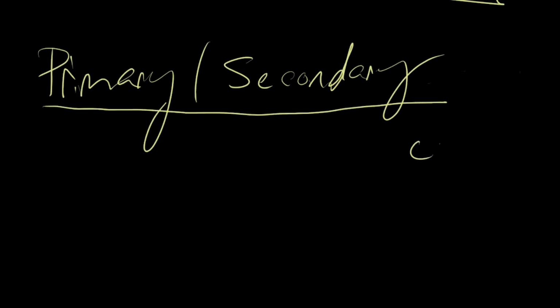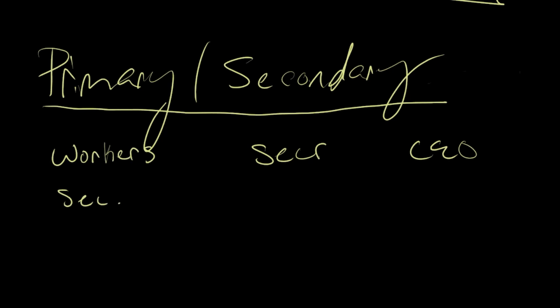Any business has a boss, otherwise known as the CEO, and then it also has a secretary or some secretaries, and then it also has workers. We're going to denote the workers as the secondary memory, the secretaries as the primary memory, and the CEO as the CPU, because the CPU is the thing that's actually doing the processing and the work.